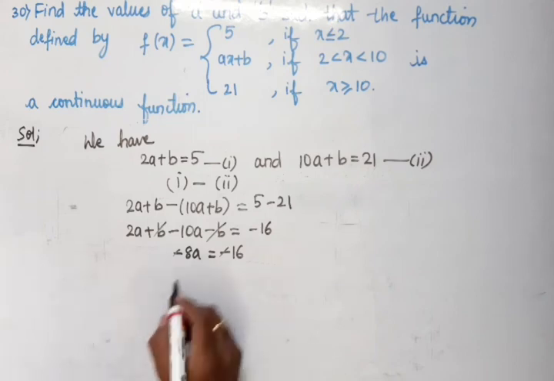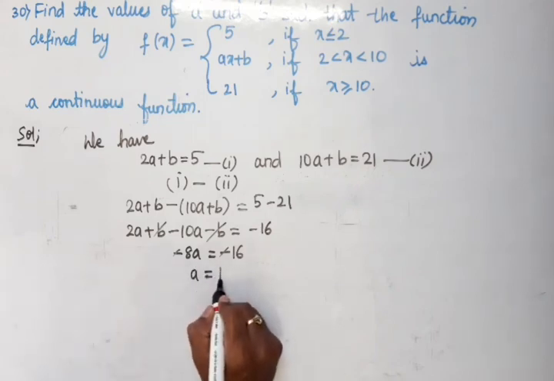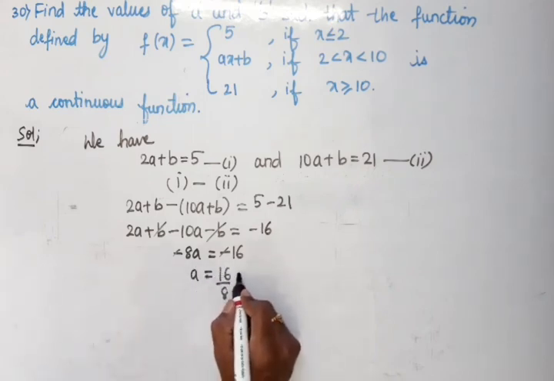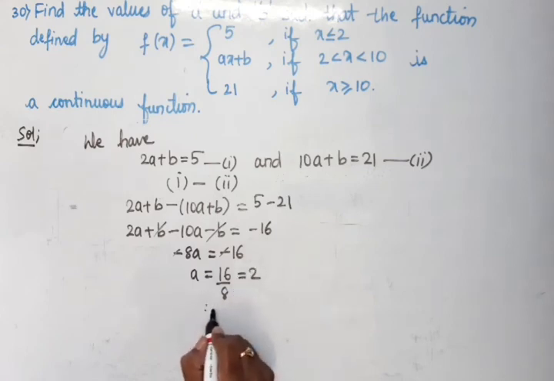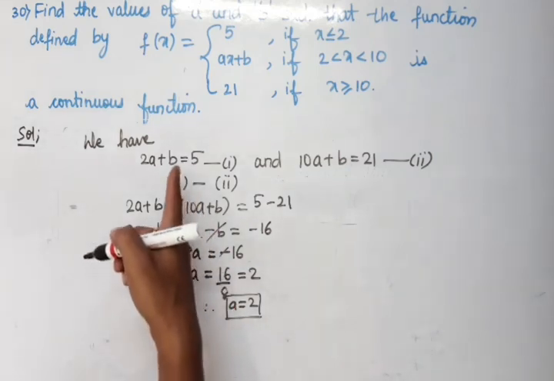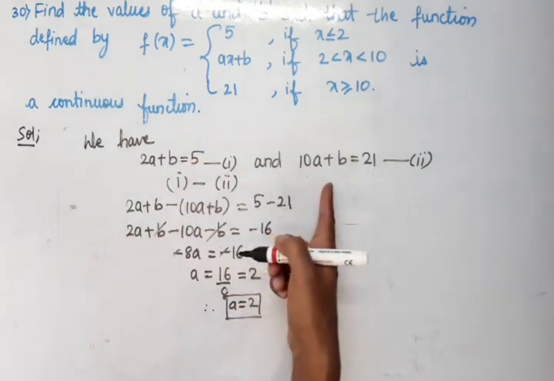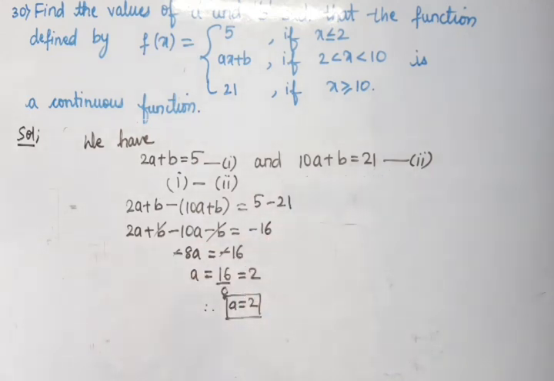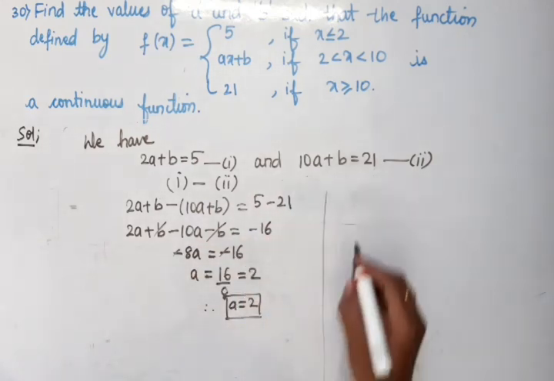Minus and minus cancel, so a will be 16 divided by 8, which is 2. Therefore the value of a is equal to 2. This value of a, you can substitute in either equation number 1 or equation number 2 to get the value of b.